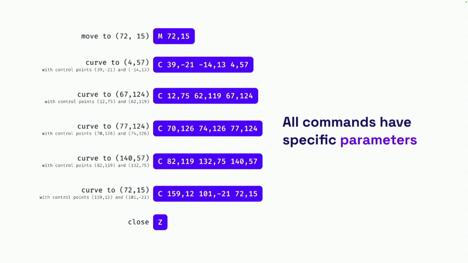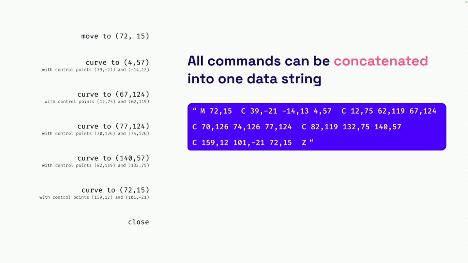So it's almost similar to what we've seen before. It's just that it uses strings, a specific format for the shapes, but it's similar to what we've seen before. You have move commands, you have curve commands, line commands. It's exactly the same thing. You can then concatenate all of them into one string.